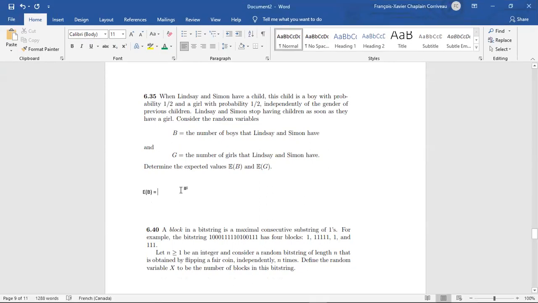Okay, so we want to compute the expected value of B. What are we going to do?